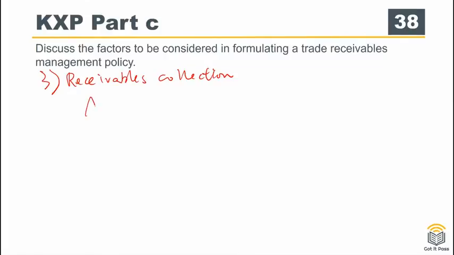Any late payments need to be checked, and to consider any legal steps.